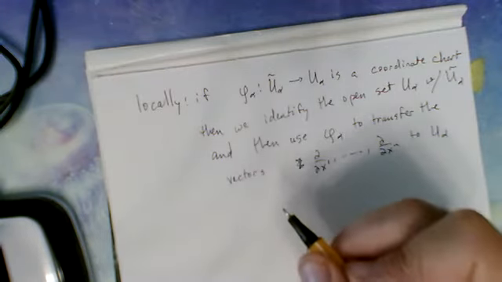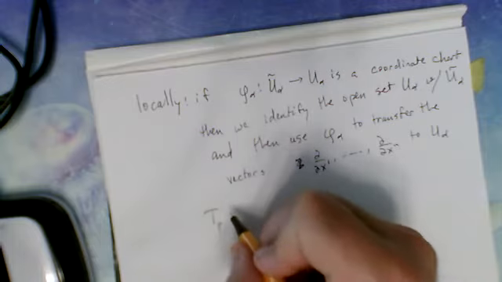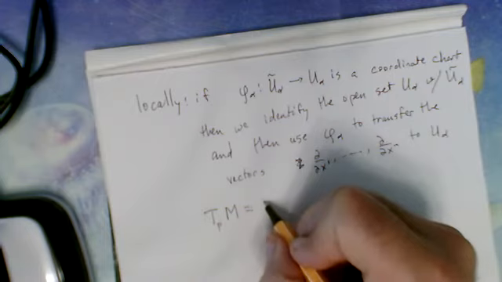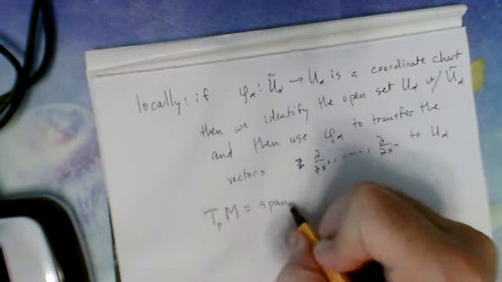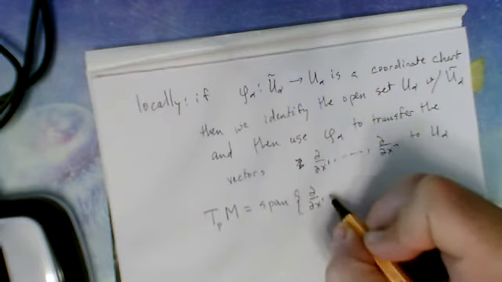And if I do this, I can write my tangent space at a point P as the span of these coordinate vector fields.